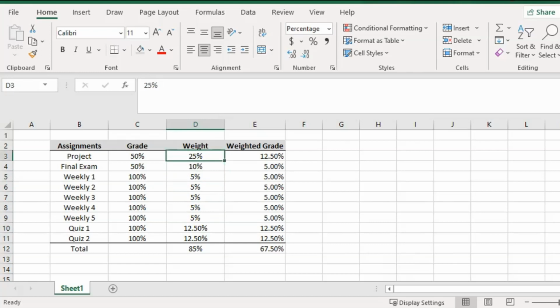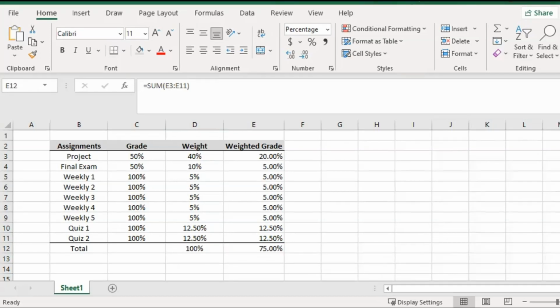Let's say instead we did 25 plus 15 is 40%. Now our total weight is again 100%. That's the key thing to keep in mind. And then, of course, the value for each assignment or component should be multiplied by the weight, and those items should be summed to give you your total weighted grade at the end.